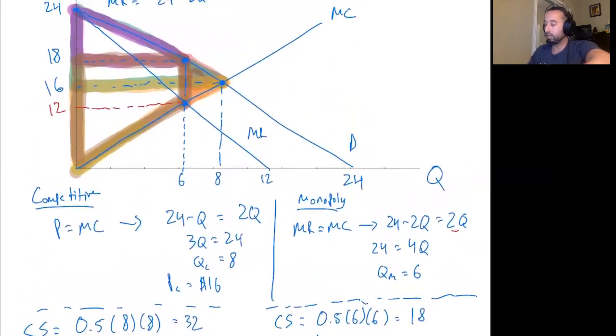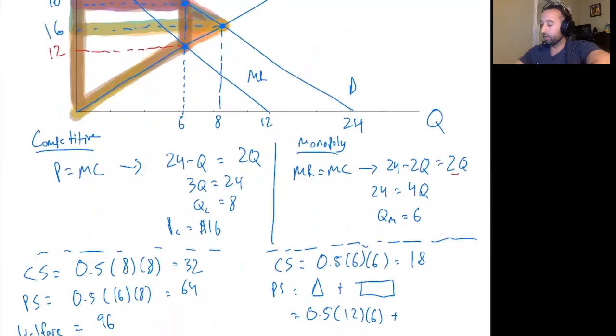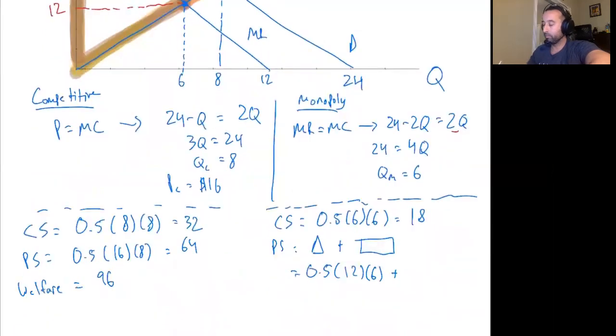The height of the rectangle is 18 minus 12, which is 6, and our width is also 6. The area of a rectangle is just height times width, so it's 6 times 6. And so what that's equal to is 72.